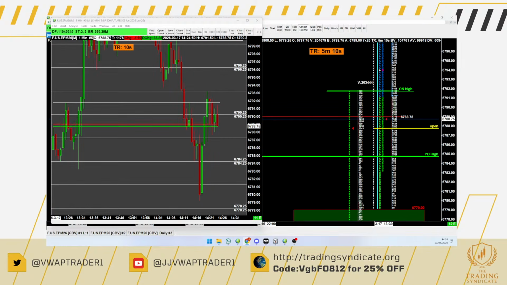Seller is still there. Now you're looking for just, see the bottom of this candle here? 80. There you go. Beautiful if you're short.